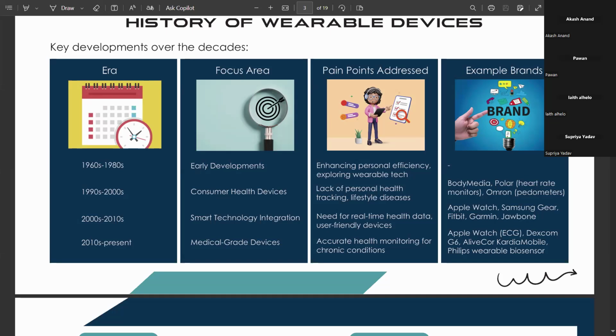The journey can also be highlighted as consumer adoption to medical integration. Initially, only customers who were tech savvy or fitness enthusiasts would want these kinds of wearable medical devices.